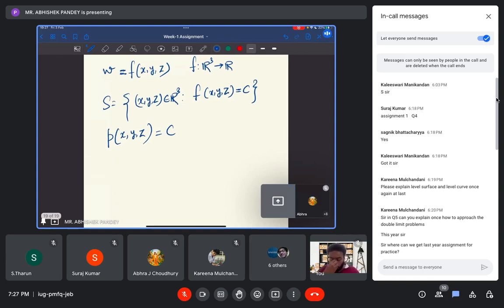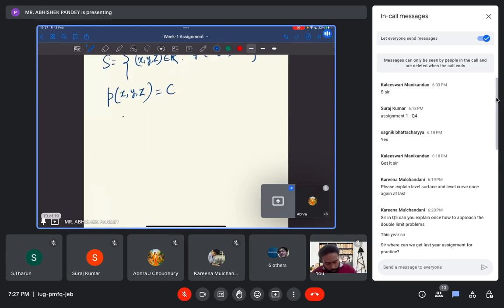Now we will write z in terms of something, say p of x comma y and c. Now you can see that this is a function of the variables x y, and you can draw the graph of this function in 3D. So this surface S is known as a level surface.